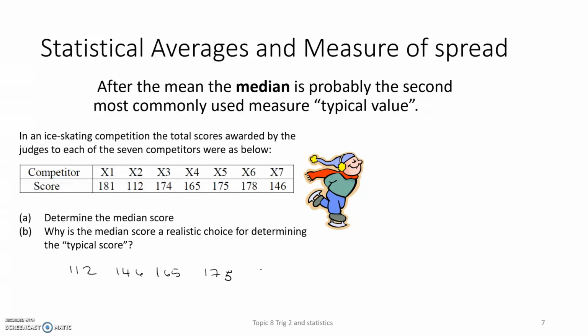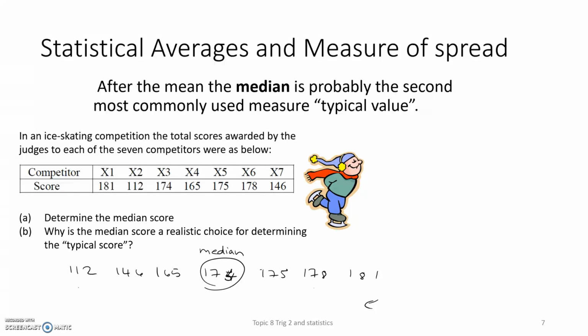That's 174, 175, and if we found the median, which is the middle value, we'd start counting in from that end. There are 1, 2, 3, 4, 5, 6, 7 readings, so it would be the middle reading, that one. So the median would be 174.